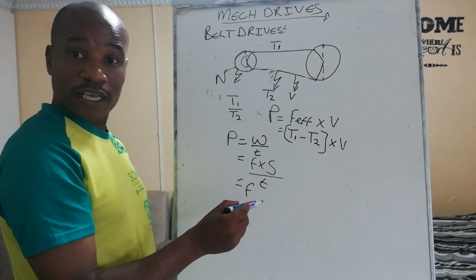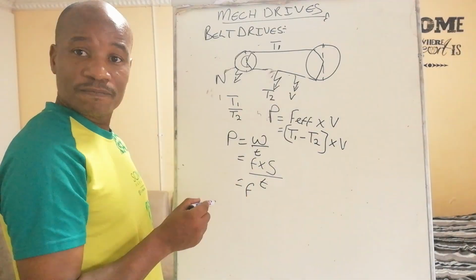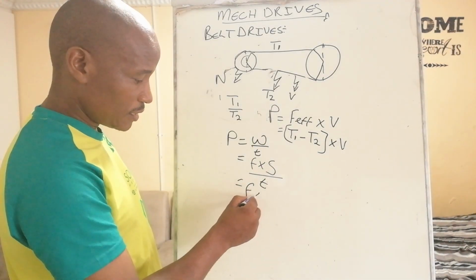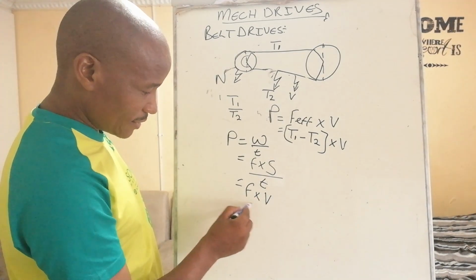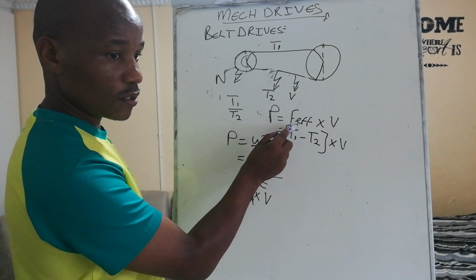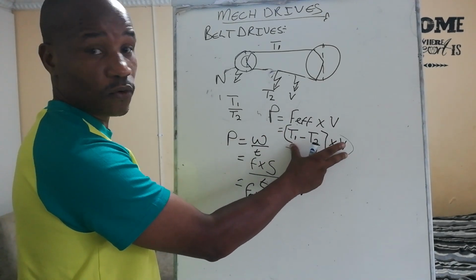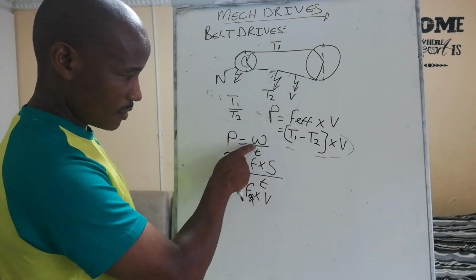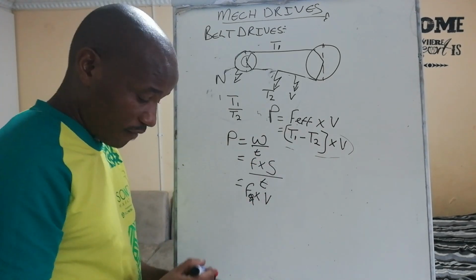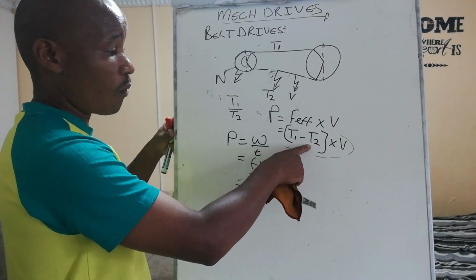From Newton's second law of motion, S over T is the velocity, V. And this F stands for the effective force. That's basically where that formula comes from. From first principles, you can still derive that power. And this is the transferred power.